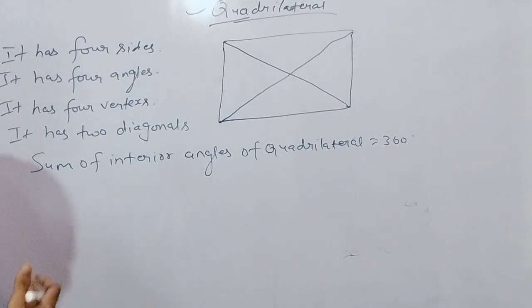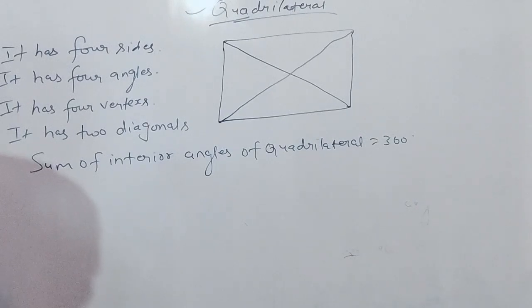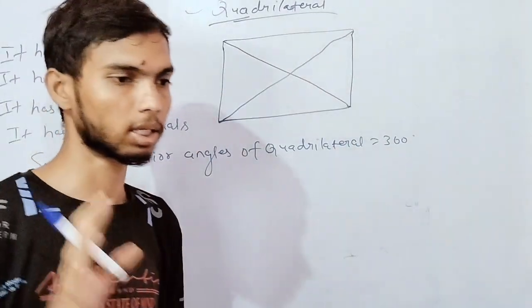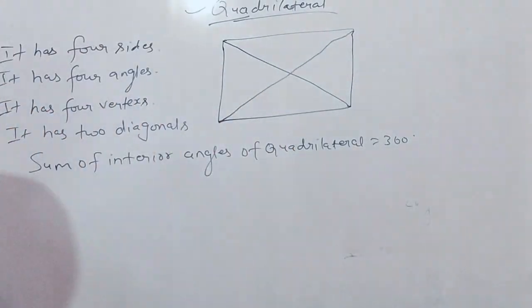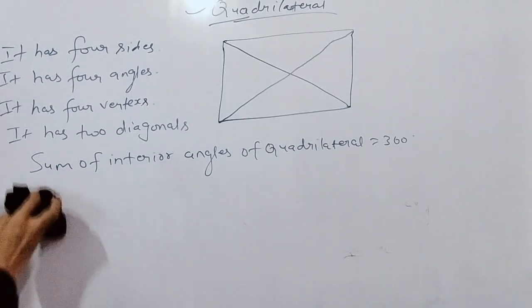I think the sum of exterior angles of a quadrilateral would be 360 as well, according to me. Now let's understand types of a quadrilateral. These are points that you knew.